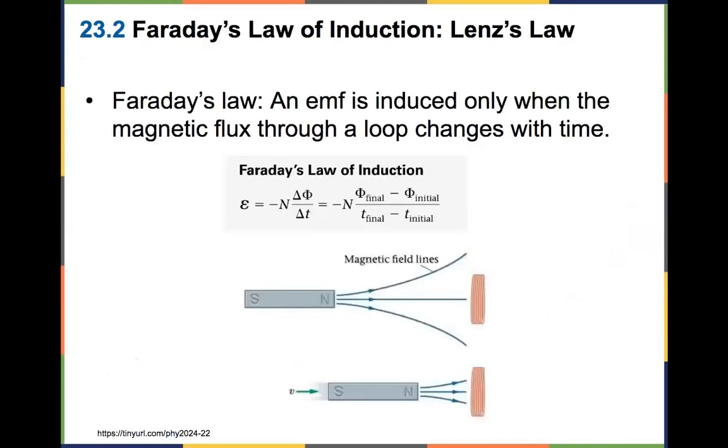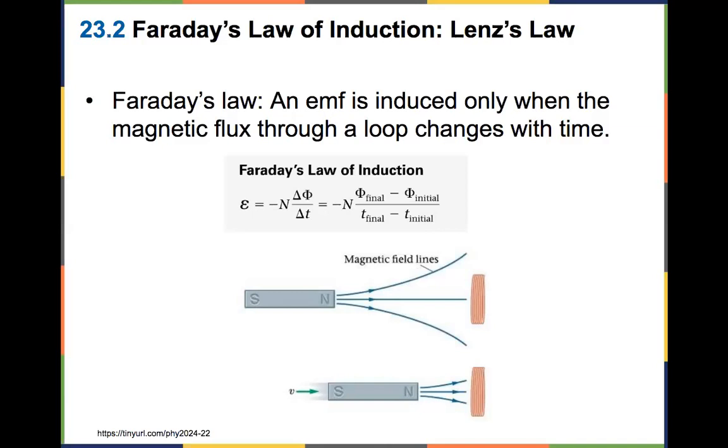Let's put that into an equation. If we call epsilon the induced EMF, then it can be calculated using this equation: epsilon equals minus N times the change in flux, delta phi, over the change in time, delta t, where N is the number of turns of loops or coils you have. That means final flux minus initial flux, divided by final time minus initial time.